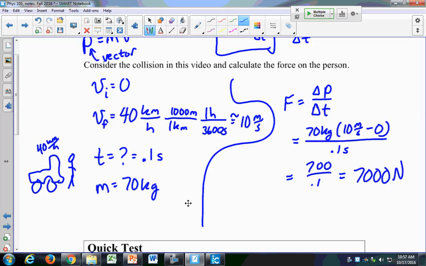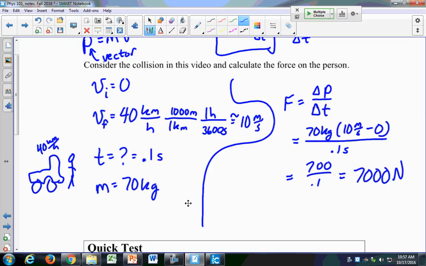The weight of the vehicle is not relevant. Yeah, the force that acts on the object will cause the object to change motion, right? And so if we know the acceleration of the object, which is basically this change in velocity over our change in time, and this is the mass of our object, then the force required to cause this acceleration is going to be this 7,000 newtons.